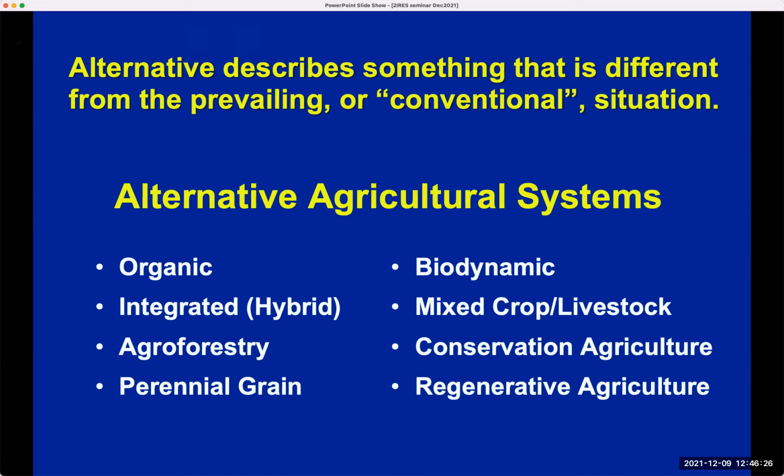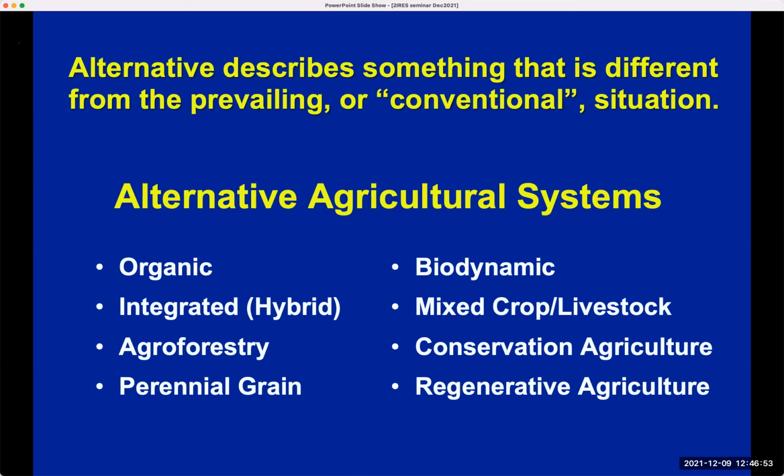We have mixed crop livestock systems where growers use livestock with their crops. Of course, agroforestry, big in the tropics in particular. Conservation ag is gaining a lot of ground. I'll talk a little bit about that. Perennial grain systems are still in the works. We have a little bit of that, and that's being worked on by the Land Institute in Salina, Kansas.